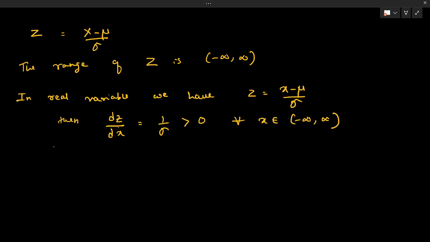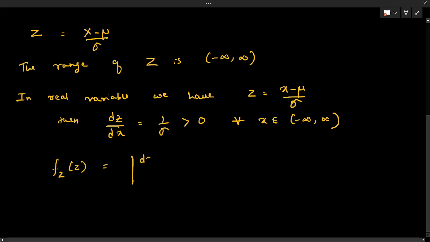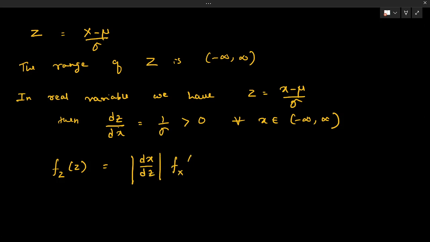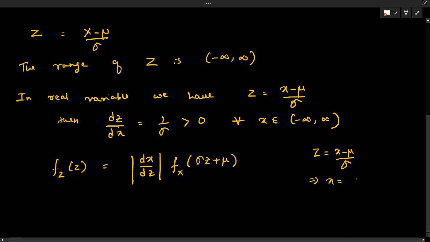the distribution of the transformed variable, here the distribution of z, is given as f_z(z) equal to mod dx/dz times f_x of, instead of x, we substitute sigma z plus mu. Why? Since z is equal to (x minus mu) by sigma, from here we can write x is equal to sigma z plus mu.